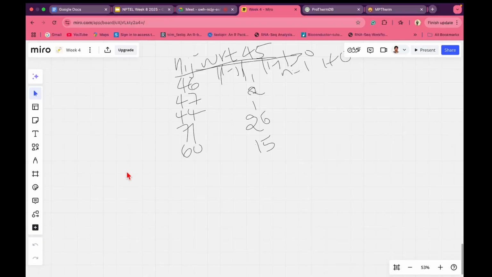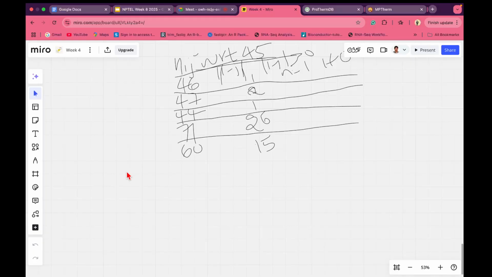In the first case, since the separation between the two residues is less than 12, here we have n value as 0.